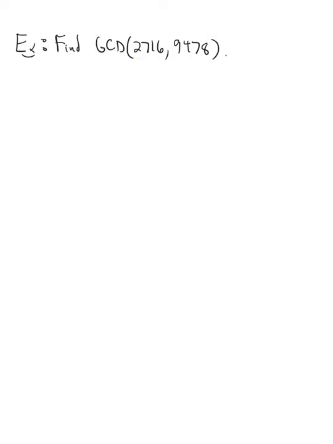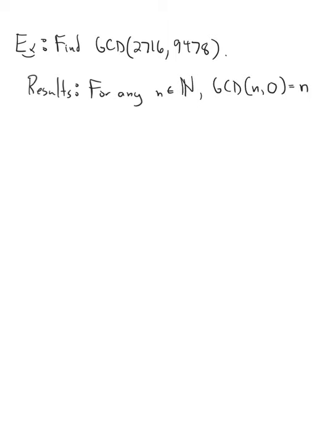So I just want to come up with a few results here. The first one that's going to be important is, take any counting number that you like. The greatest common divisor of that number and 0 is the original number.